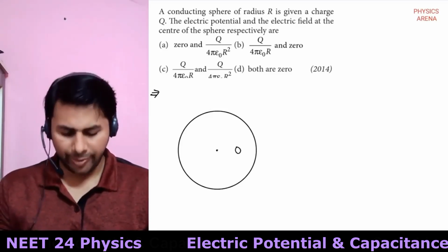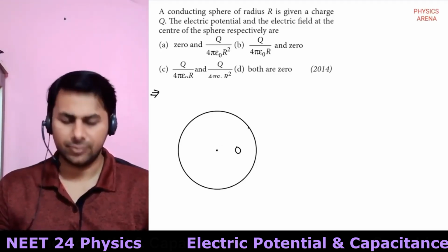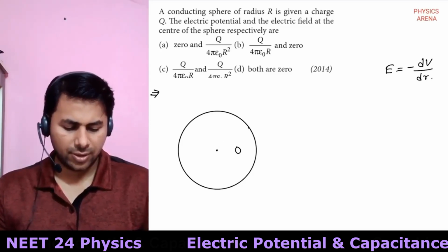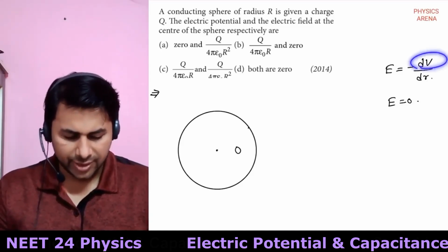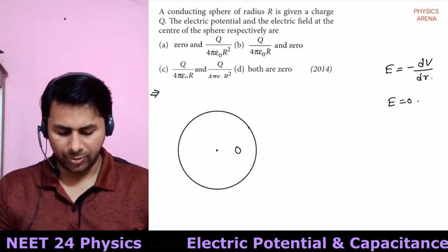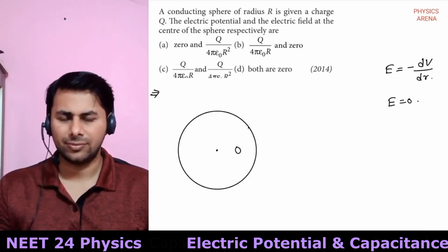Then how much would be the potential difference between this point and this point? E is 0, dV is 0. That means the potential difference is 0, right?